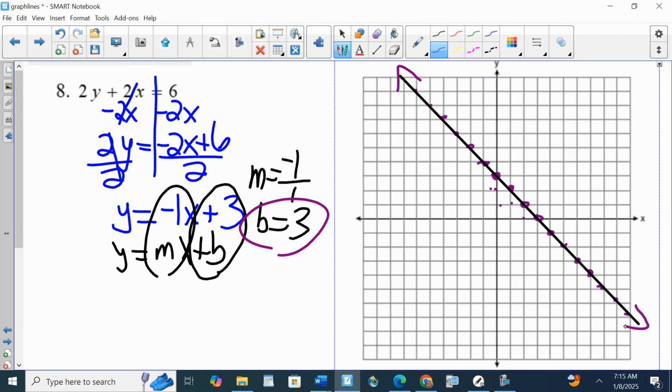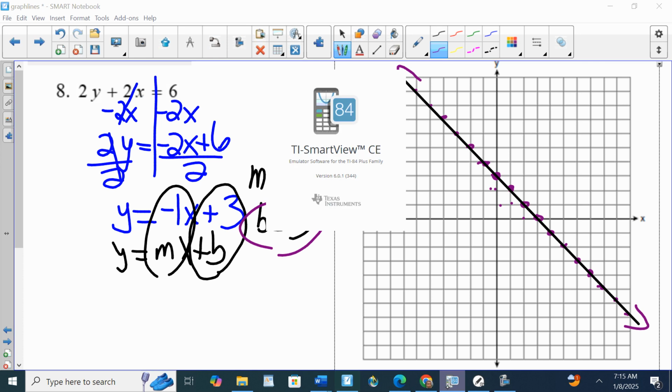You could also graph lines using your graphing calculator. The main objective of this right here is to do it without the calculator, but I can show you. You still have to get y by itself, but once you have y by itself, if I wanted to graph this one right here, y equals -1x plus 3, I can just go to y equals, once this thing loads up, and type it in.